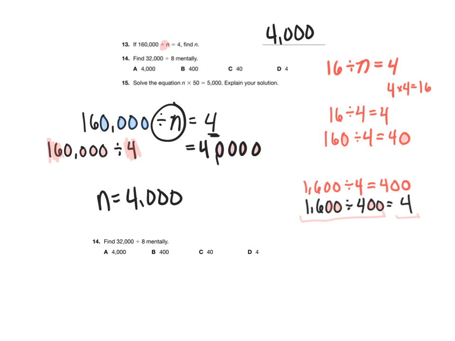Last problem, we can do it. All right, let's finish strong. Find 32,000 divided by 8 mentally. So let's start with our non-zero digits first. What is 32 divided by 8? And if you don't know that, you need to ask yourself, 8 times what will give me 32? 4.